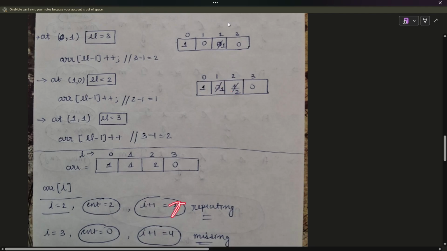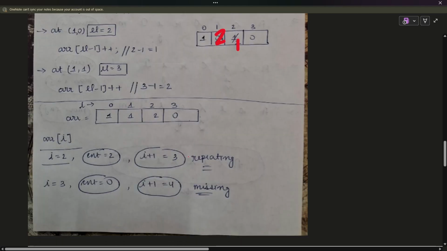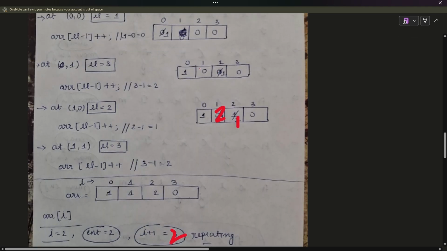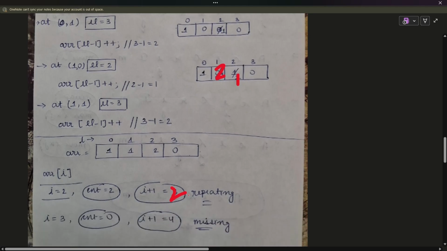Let me just rewrite it. Here it will be 2, here it will be 1, and here it will be 2. I'm sorry for that, so please don't mind it.